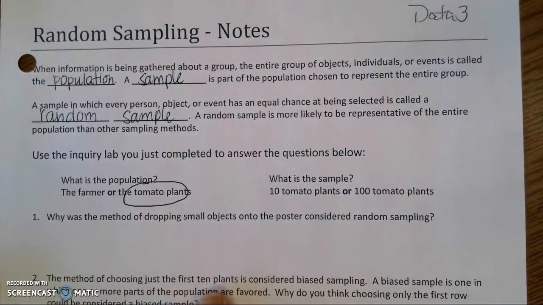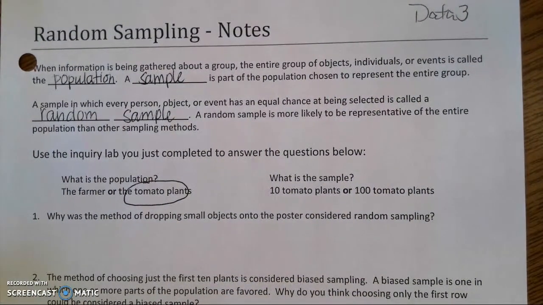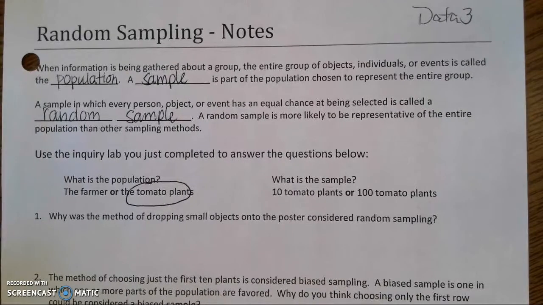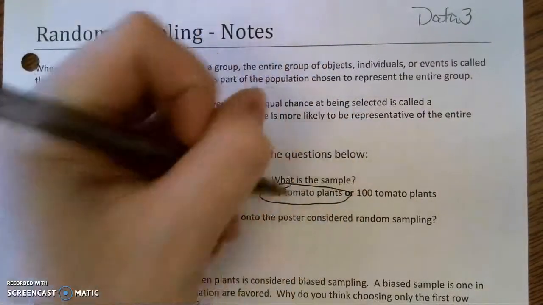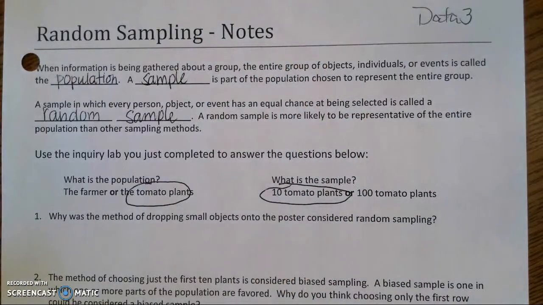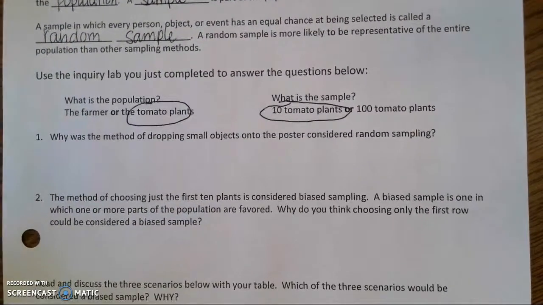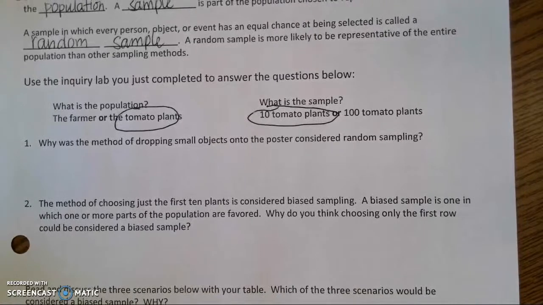Okay, so next we're looking at the sample. Was it the 10 tomato plants or the 100 tomato plants? The 10 tomato plants was the sample because it was representative of the entire population. Okay, so the next part, why was the method of dropping small objects onto the poster considered random sampling?